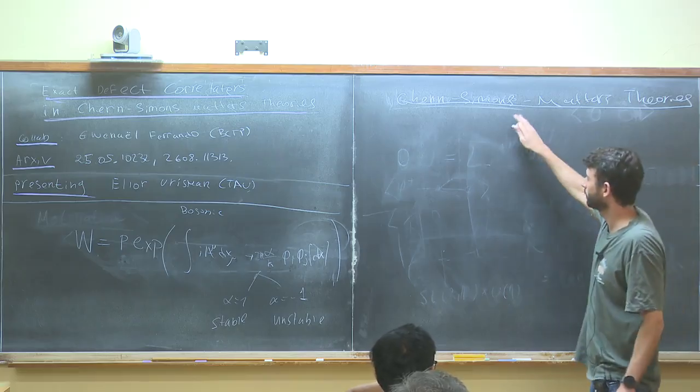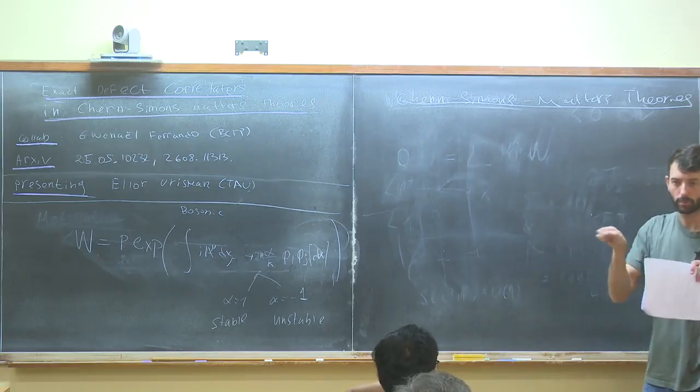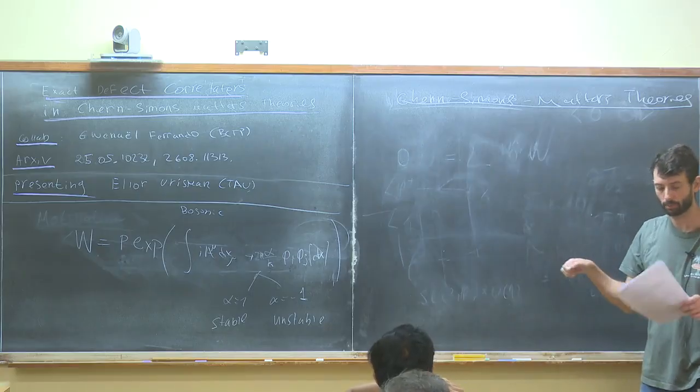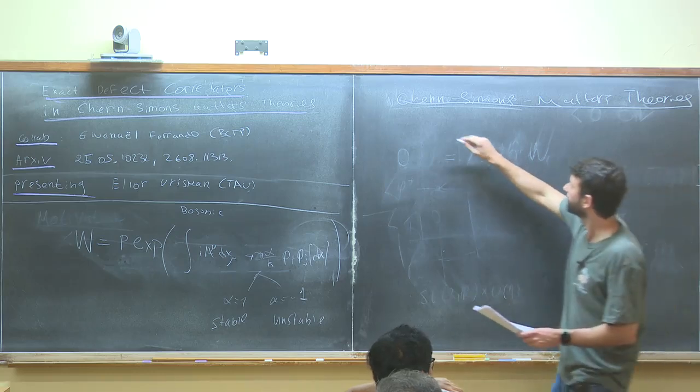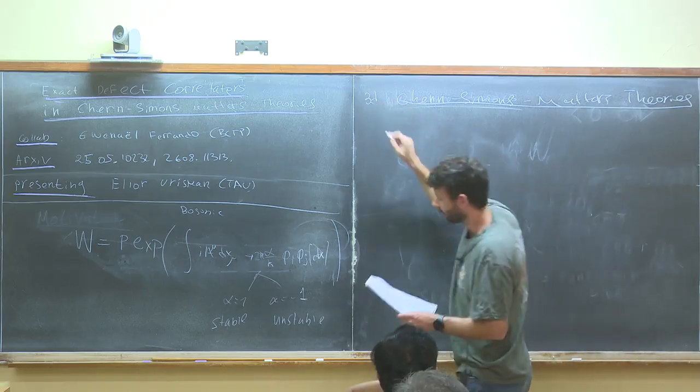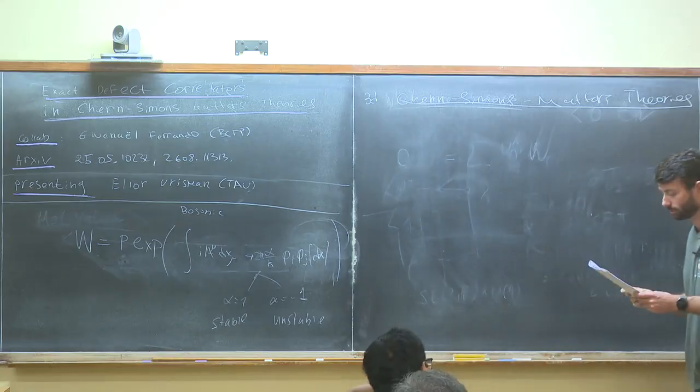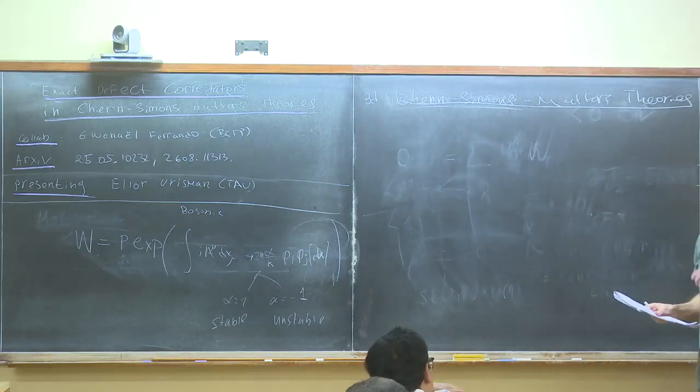I'm going to focus on the phases where you tune the parameters to be at the fixed point, so your beta function is 0. These are 3D theories, and we will consider them as CFTs in the large N limit.